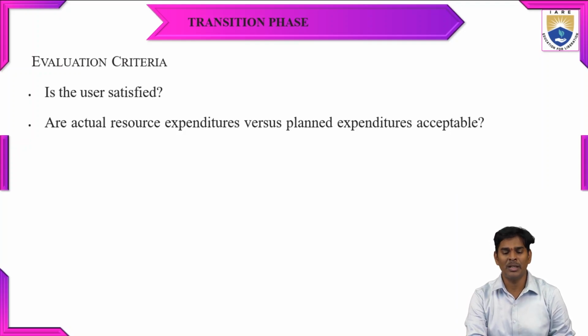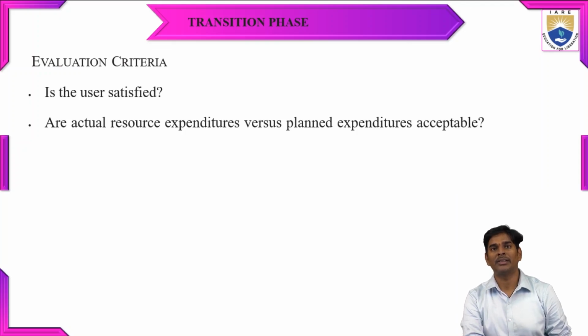Okay, so this is about the different types of phases in the life cycle. In the transition phase, it is the final product which we are going to deploy to the market or end-user domain. After releasing the product, feedback is very important.